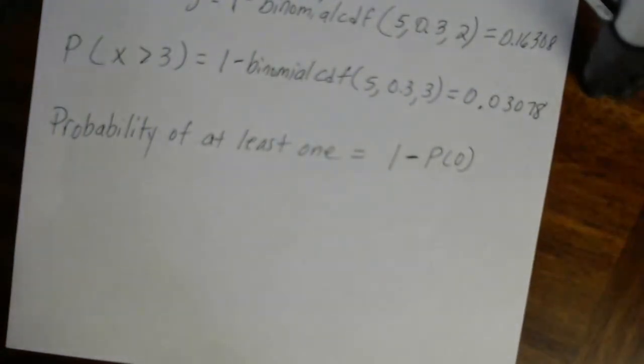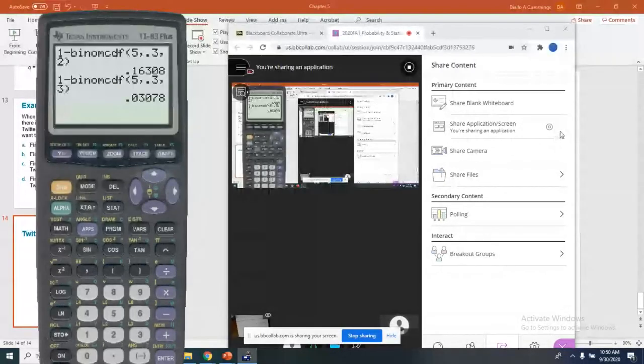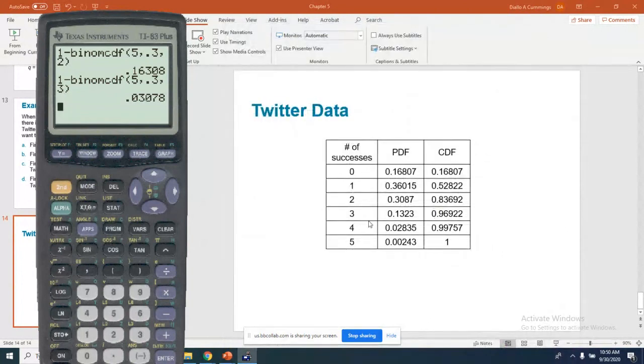So I'm going to go back to the shared screen for just 1 second. Right. So if we use that same rationale, the probability of at least 1 would be the probability for 1, 2, 3, 4, and 5. We would add up all of these probabilities.